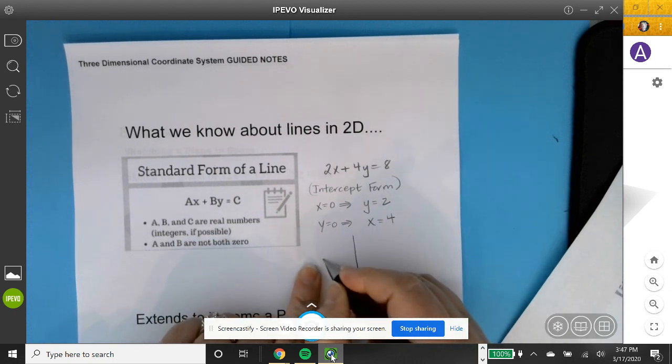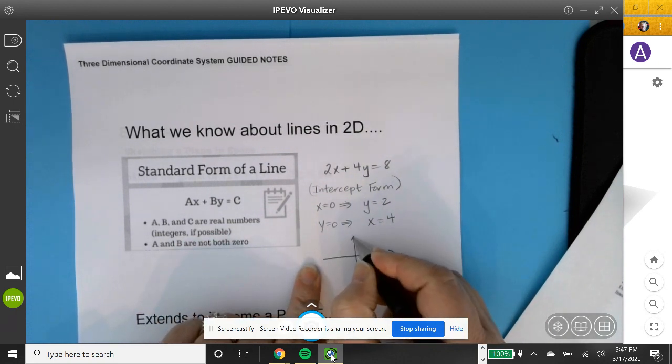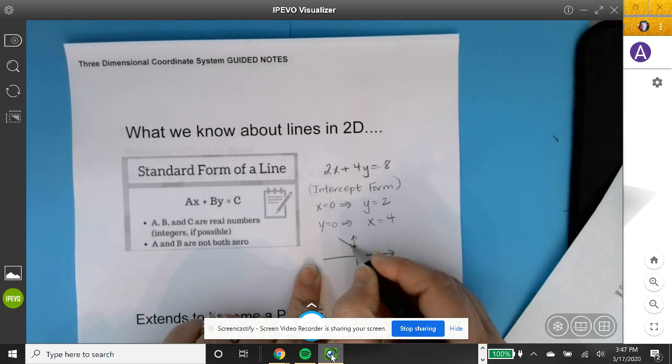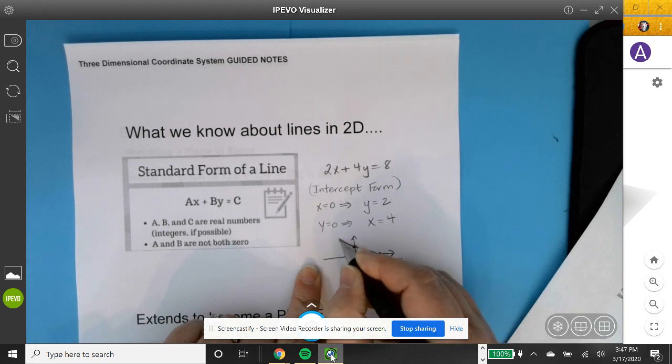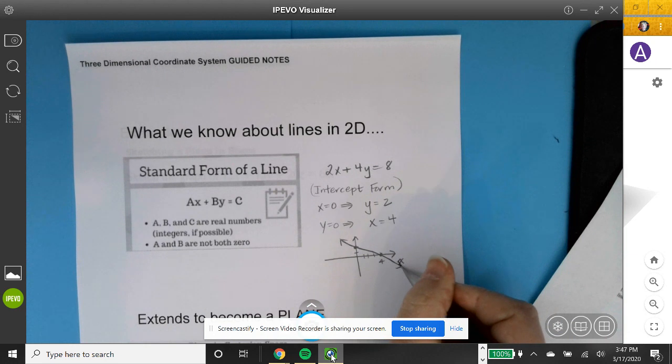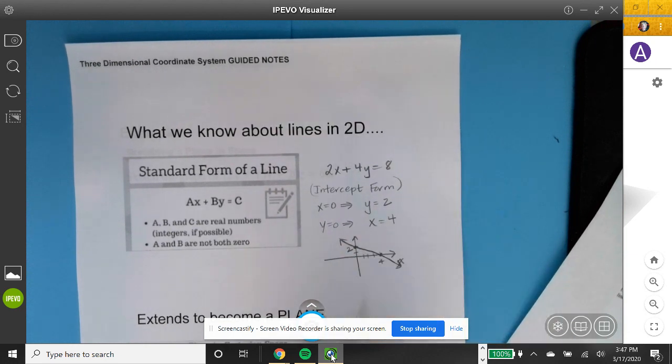Then I could take the xy plane here and go 1, 2, 3, 4, I know it's not uniform, and 1, 2 right here. Using the intercepts, I can graph my line, which isn't very straight, but yes, it's got a wiggle in the middle. So there's my line in intercept form.